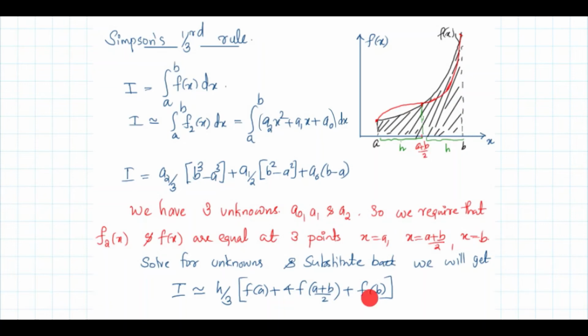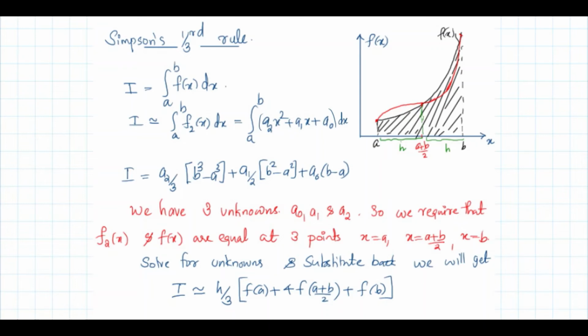That is our assumption. By taking this assumption, we are going to derive the final expression. So that final expression is valid only when f2(x) and f of x match at 3 points: initial point, center point, final point. That is our assumption in this case.